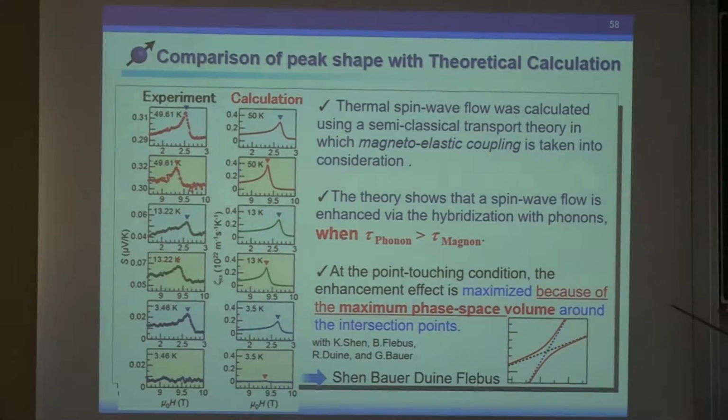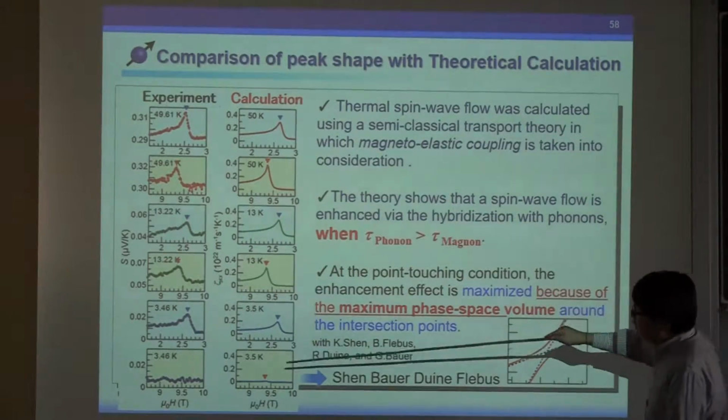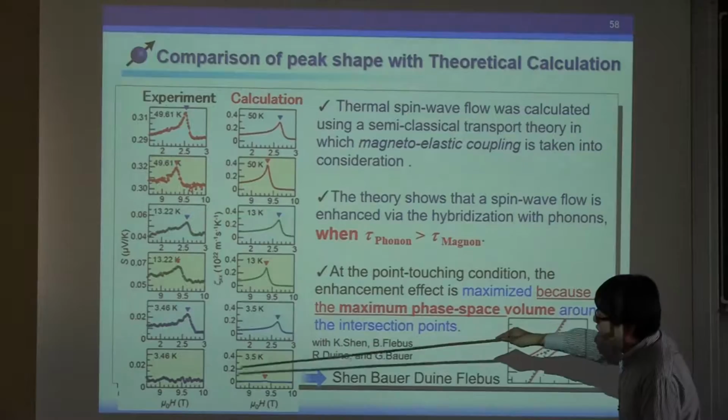And at the point touching condition, this spin wave enhancement effect is maximized because of the maximum phase space volume near this intersection. So this calculation reproduces all the data.